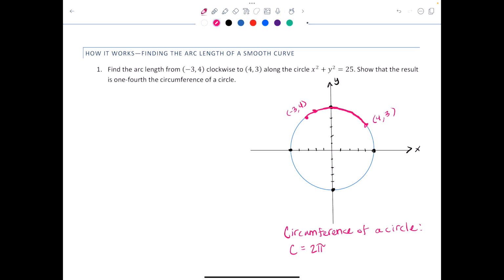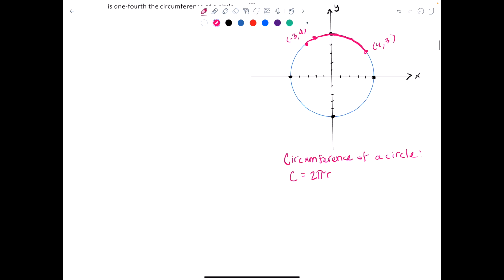Since we have the radius, I'm going to say 2 times pi times r. So in our case, r equals 5, so our circumference will be C equals 2 times pi times 5, which is 10 pi. Now we need to find 1/4 of the circumference, which would be 1/4 of 10 pi, or 5 pi over 2.